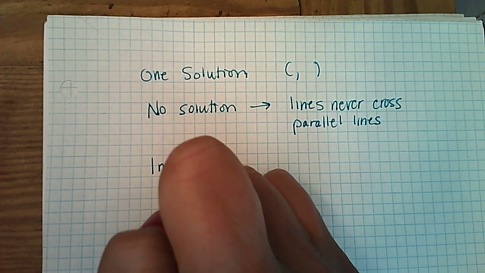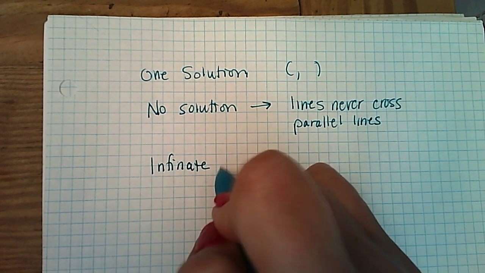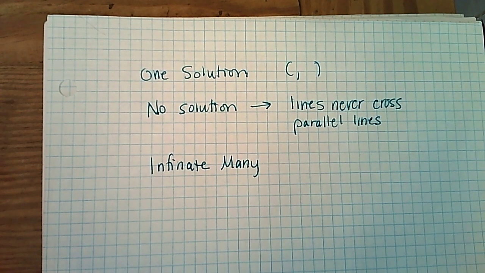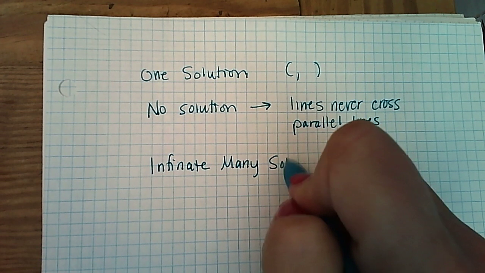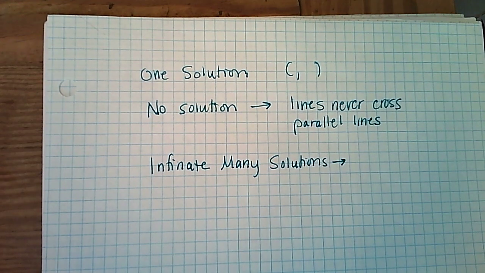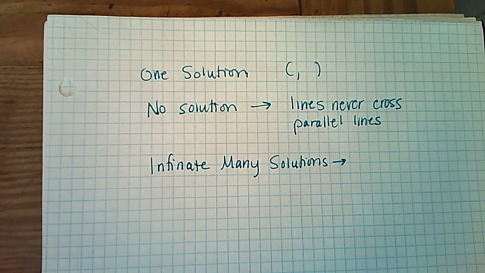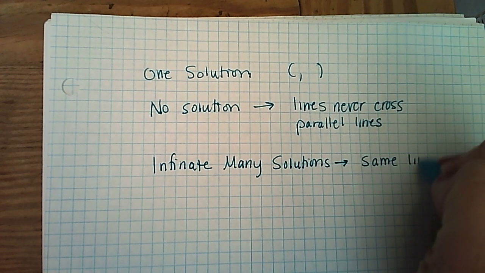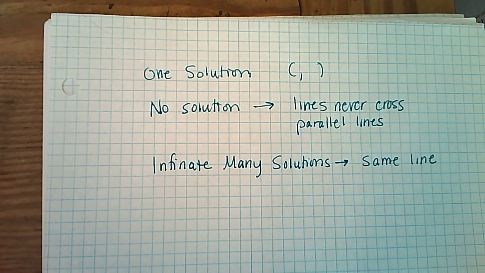Sometimes they call it infinite many. They use both, just like we talked about earlier in the year. Infinite many solutions. Well, what would have every bitty point possible in common? It would have to be the same line. So when I graph it, it's exactly the same line.